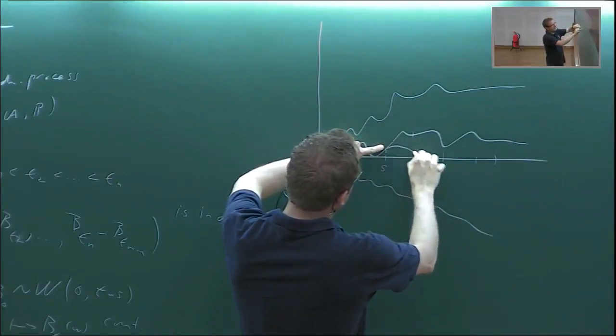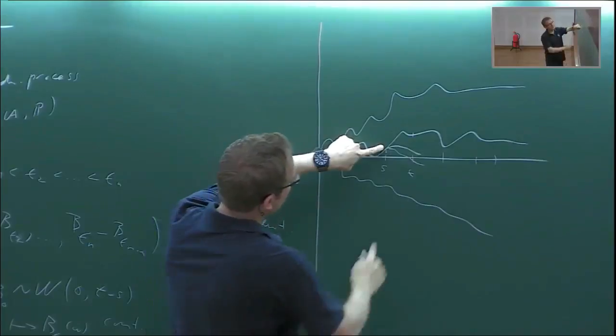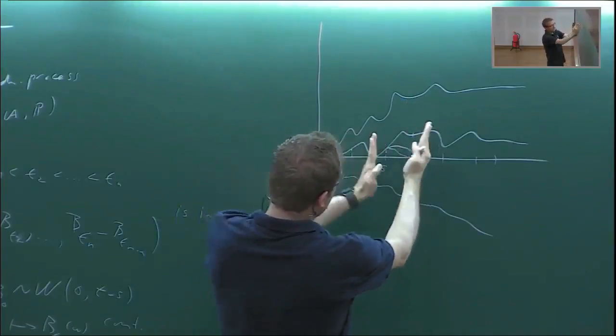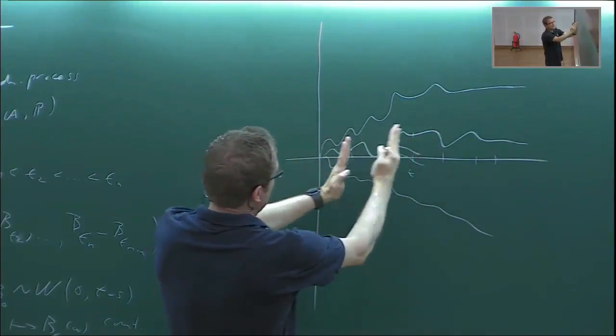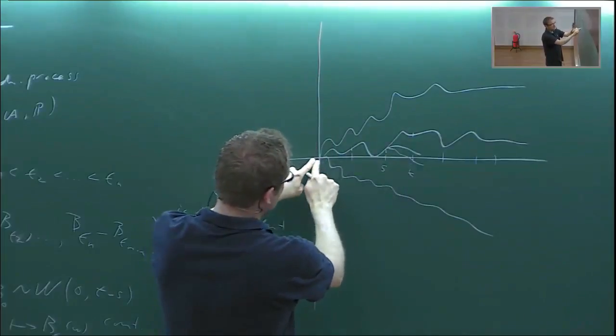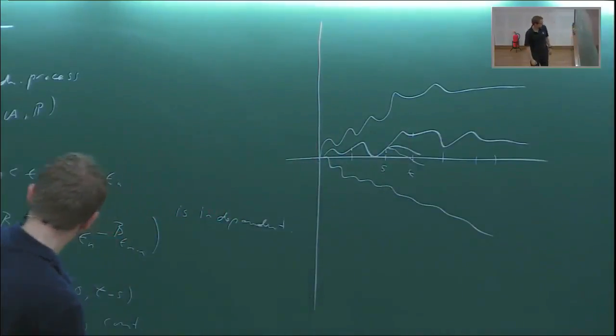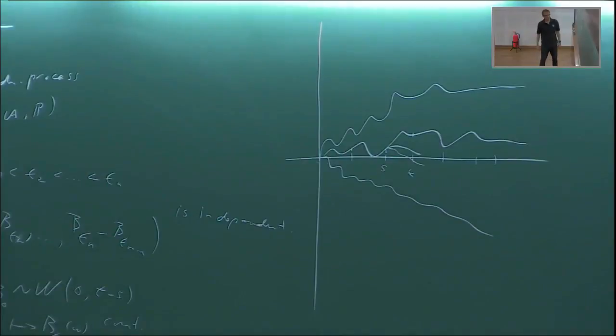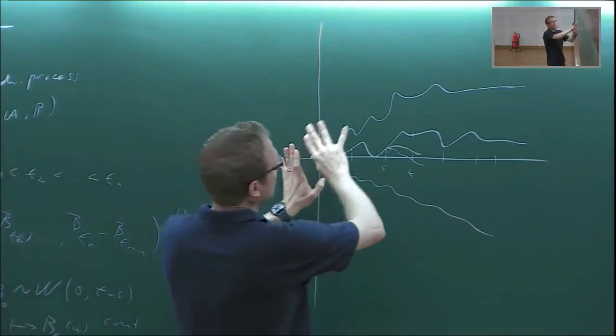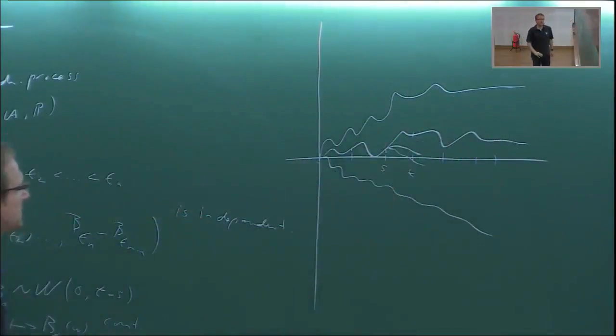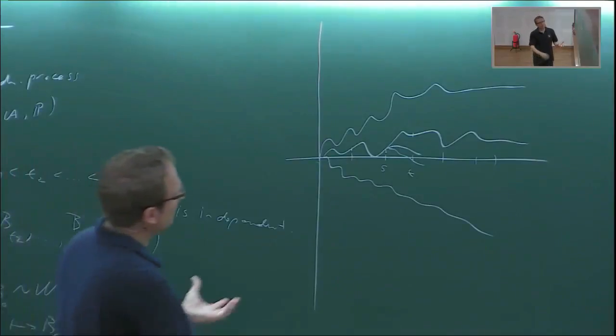This means the distribution to come from s to t, from here to there, has the same law as the distribution to come from 0 till t minus s, and it should be normally distributed. So there are a lot of normal distributions involved. Each of those is normally distributed. It's a Gaussian process. So you can understand this as a family of random continuous functions which have a lot of internal properties.